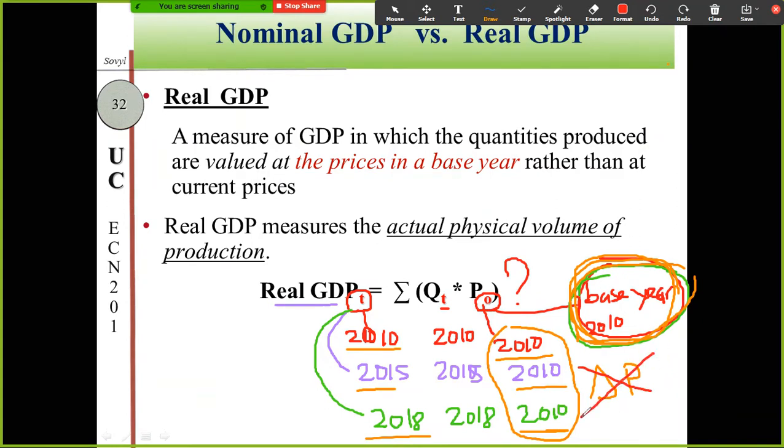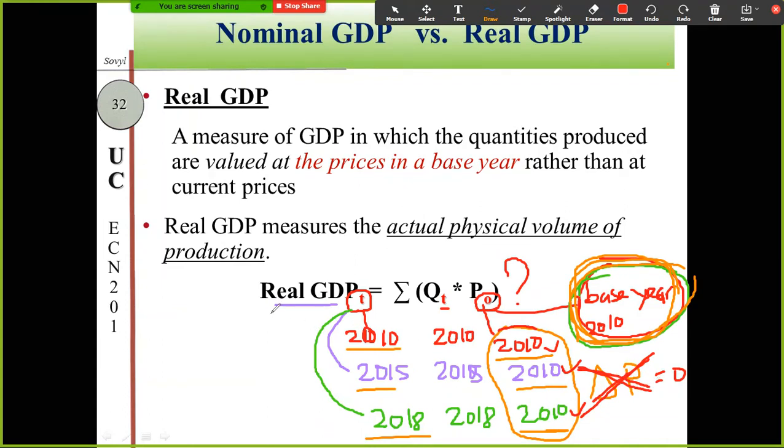That means no change. Price has no change because this is 2010, this is also 2010, this is 2010. That's why the change in price is equal to 0.